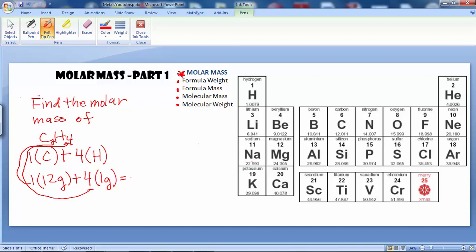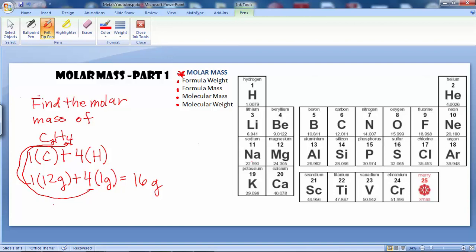That would be 4 times 1 for each atom of hydrogen, and that would equal a total of 16 grams. So this is the way your textbook does it, and this is the way I would expect you to practice and do it.